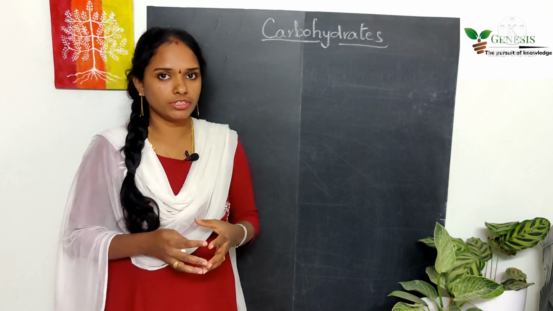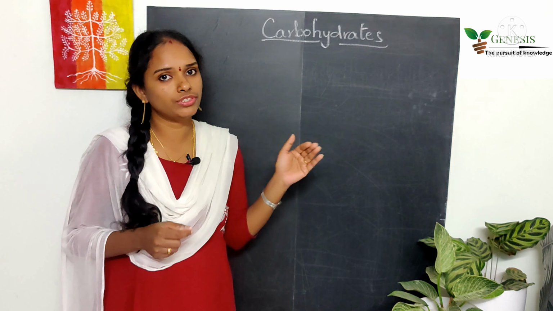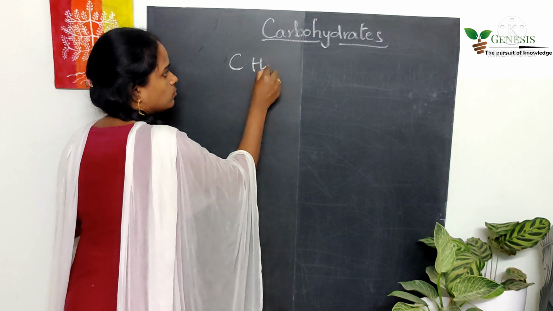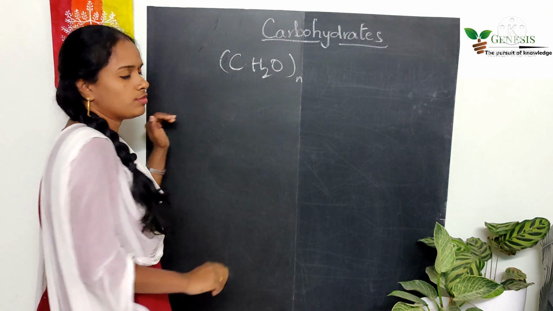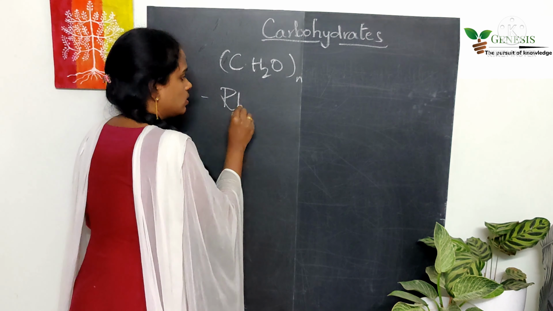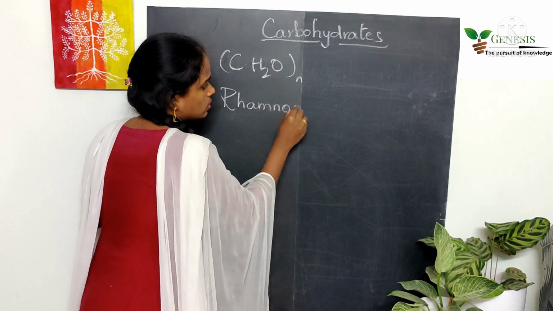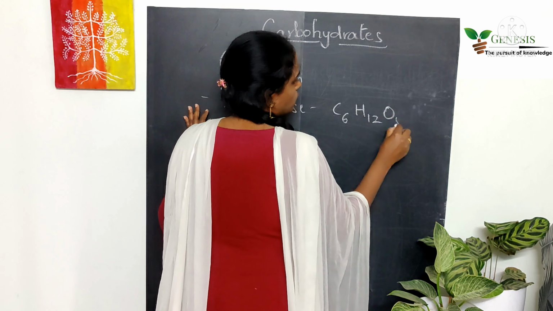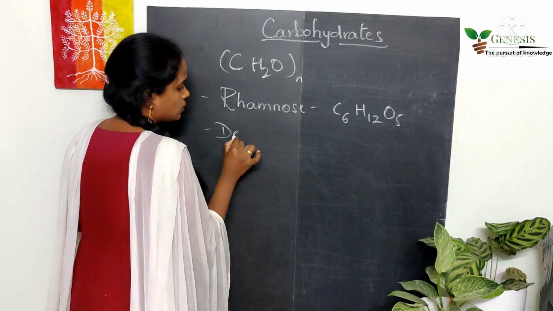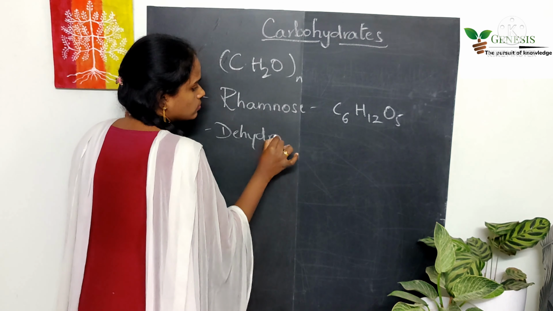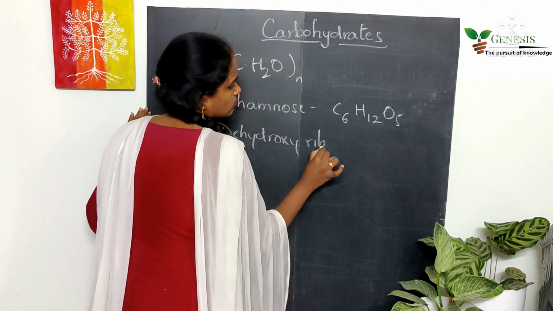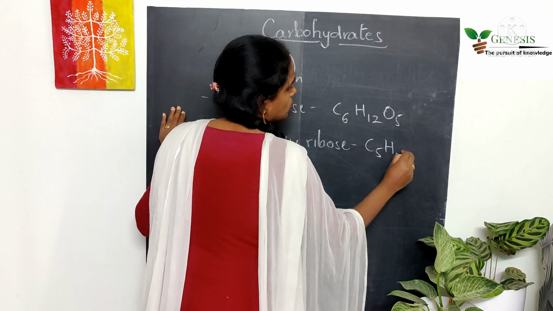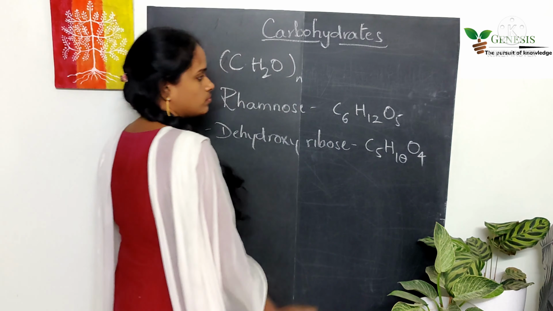And there are certain actual carbohydrates which do not obey the general formula. They are rhamnose, that is C6H12O5, and deoxyribose, that is C5H10O4.